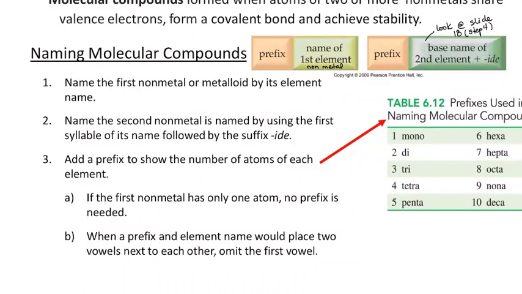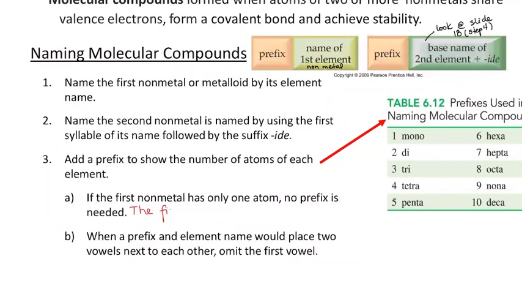Now, we're going to add the prefix to the first and the second name, meaning step 1 will get a prefix, step 2 will get a prefix, but let's establish something special. The first nonmetal will get a prefix if it has 2 or more atoms. So as you can see in Rule 3A, if the first nonmetal has only 1 atom, no prefix is needed.